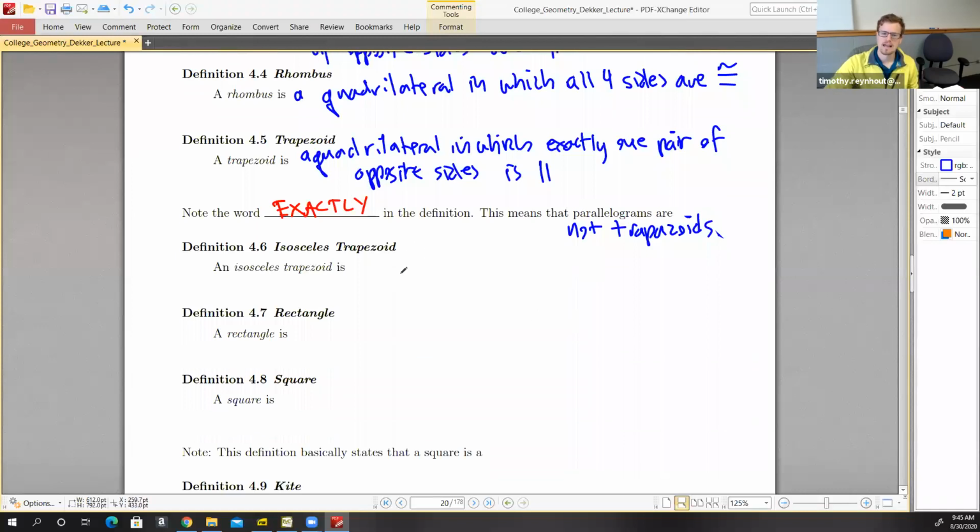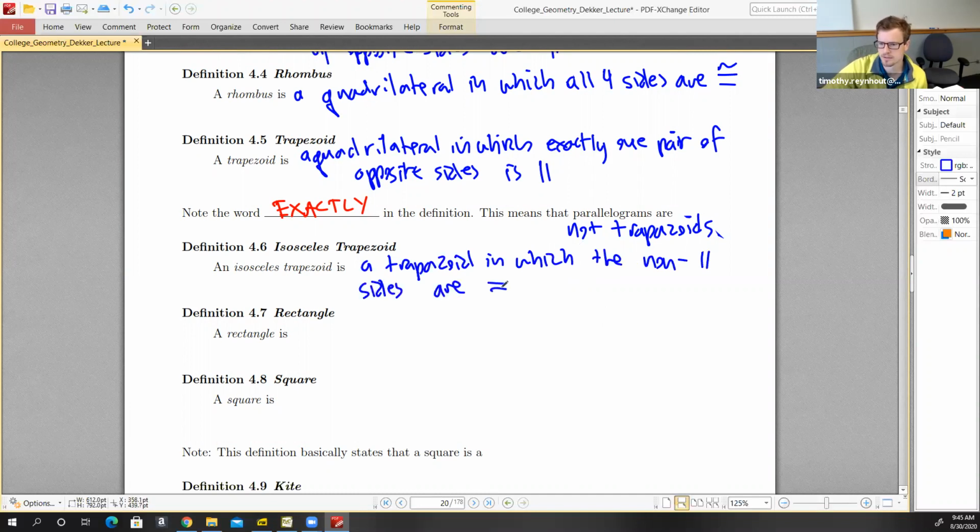All right, an isosceles trapezoid is a trapezoid in which, let's see here, the non-parallel sides are congruent. Excellent. Use of notation, both notations in that definition.